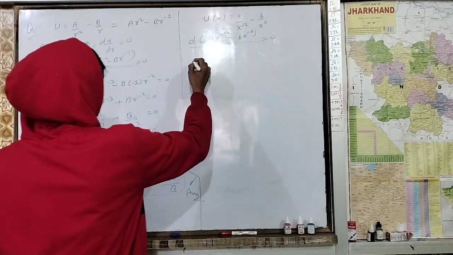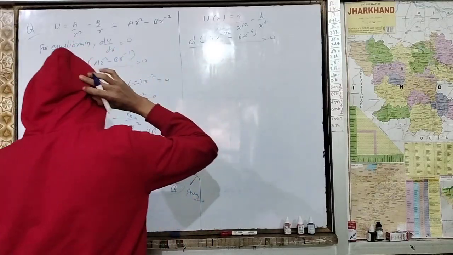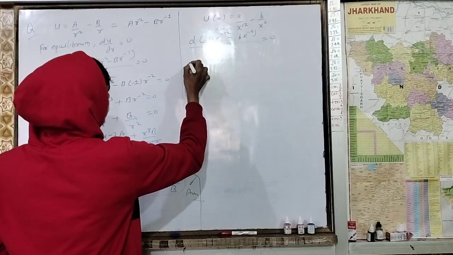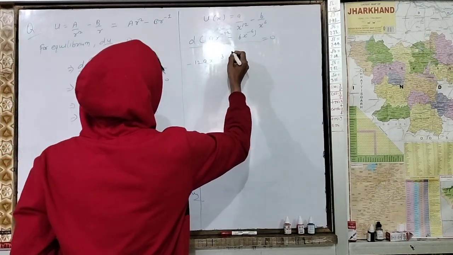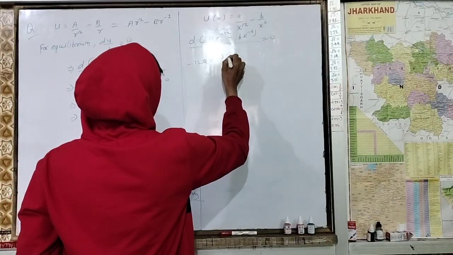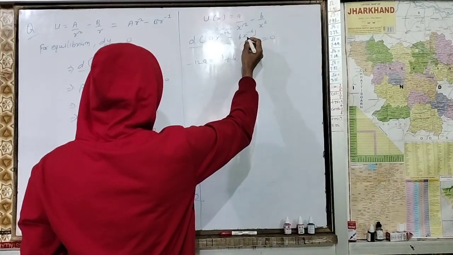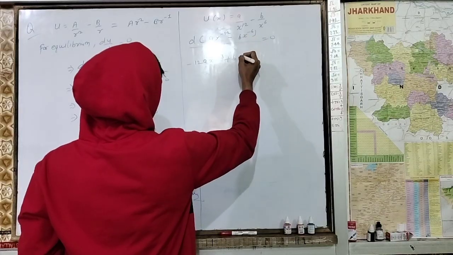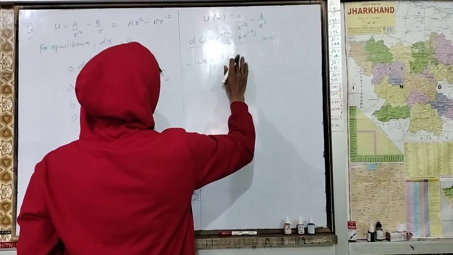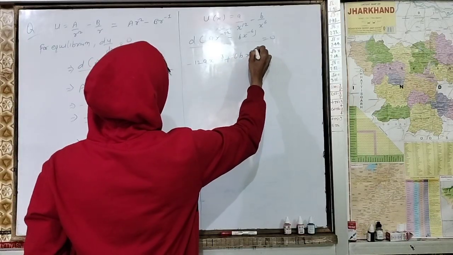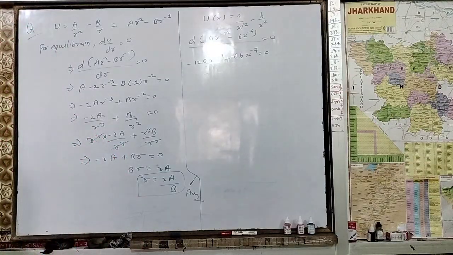Now look over here. Finally we differentiated it, and we get minus 12A x raised to power minus 13 plus 6B x raised to power minus 7, which is equal to 0.